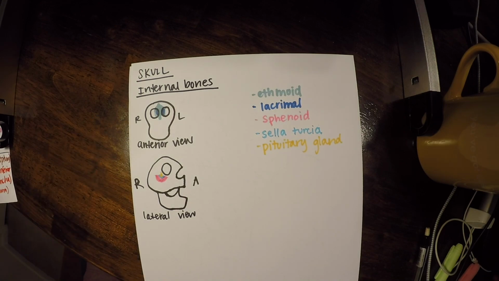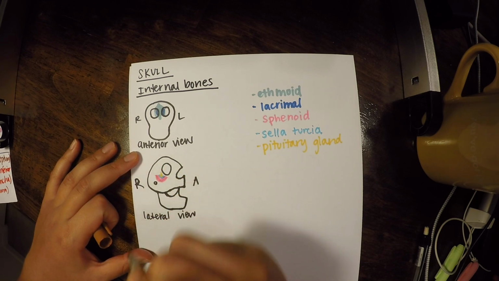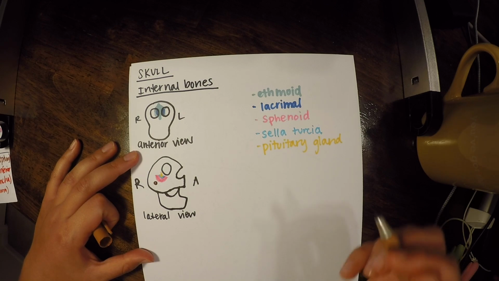Now let's review a few other structures. So we have our external auditory meatus. Remember, we had an internal auditory meatus before, but now this is the external one.